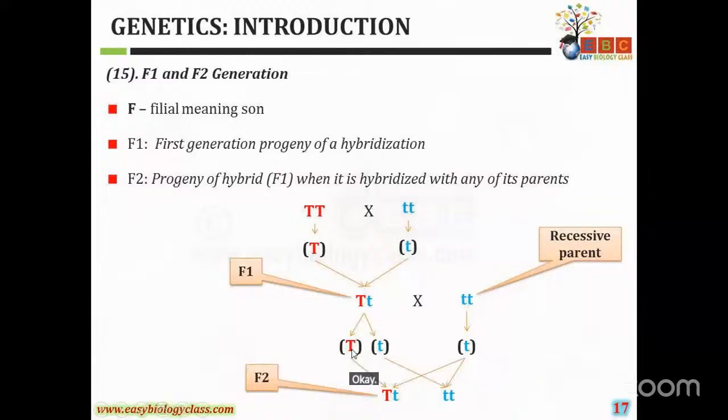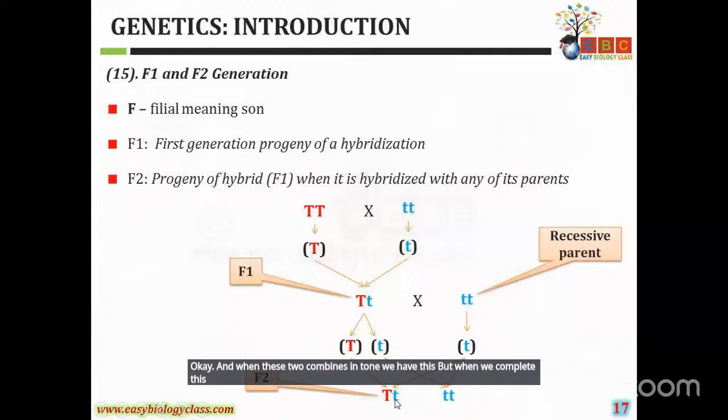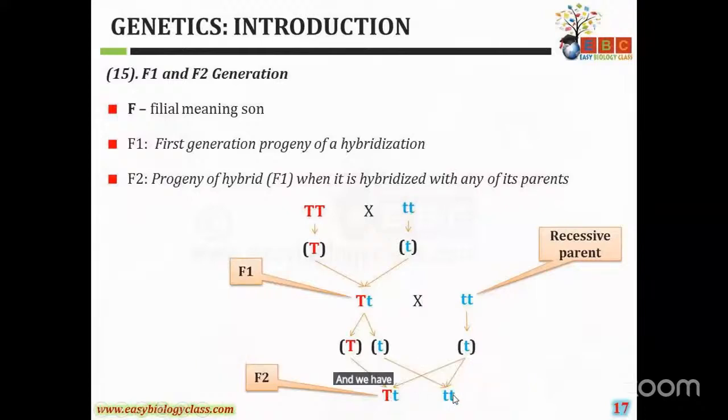And when these two combine in turn, we have this. But when we complete this, we have two of these, because this and this will give us this, right? But because it's only one, we did not bother ourselves. So this one we combine with this different one in turns, and we have this, and we have that. So these are the F2, which is like F1. So you can have different combinations.